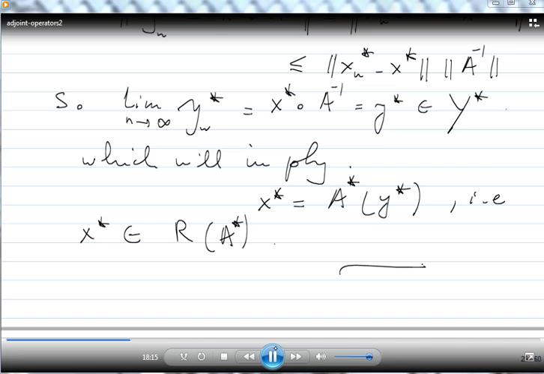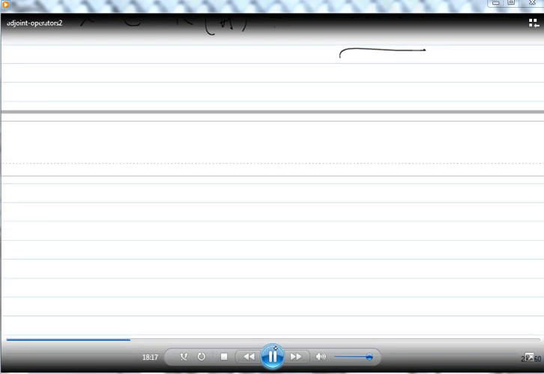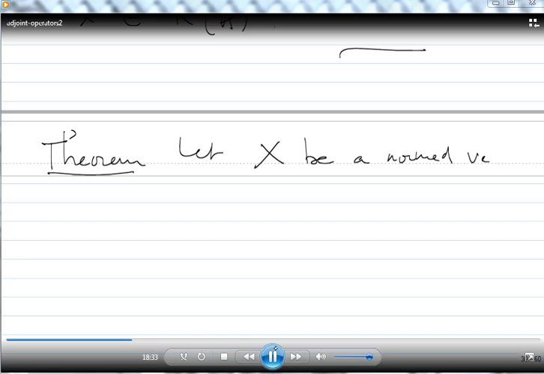Next result, continuity of the inverse. Theorem.